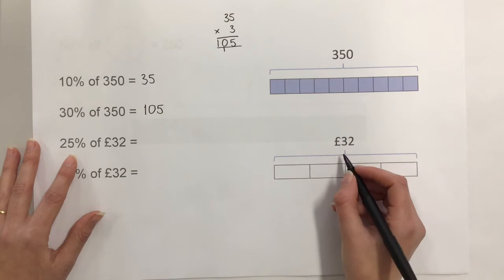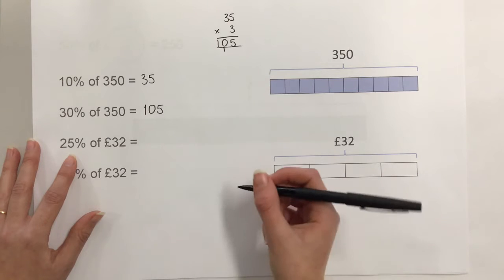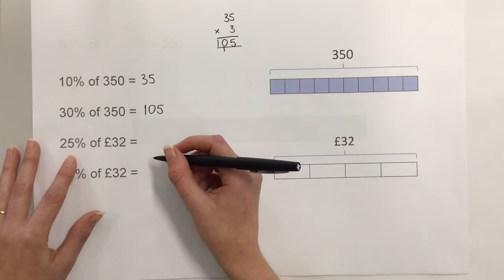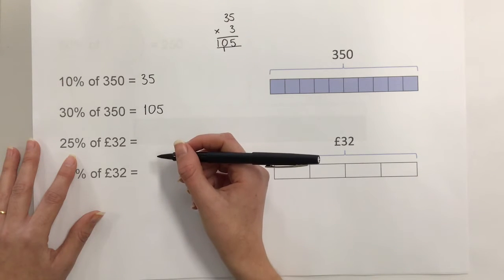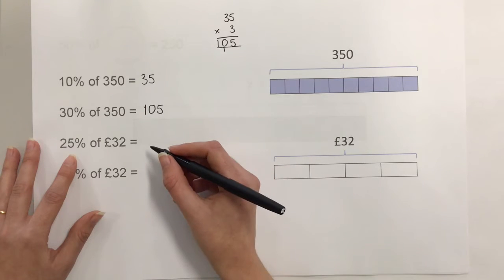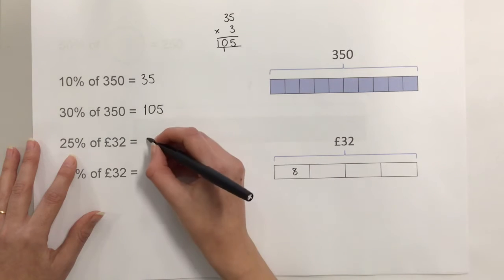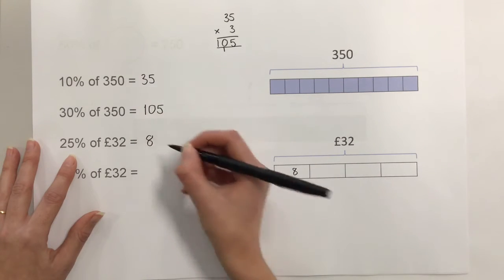So I simply need to divide 32 by 4. Okay, and now with my times table knowledge, I know that 4 goes into 32 8 times. So I know that one of my squares is equivalent to 8. So there we go, 25% of 32 is 8.